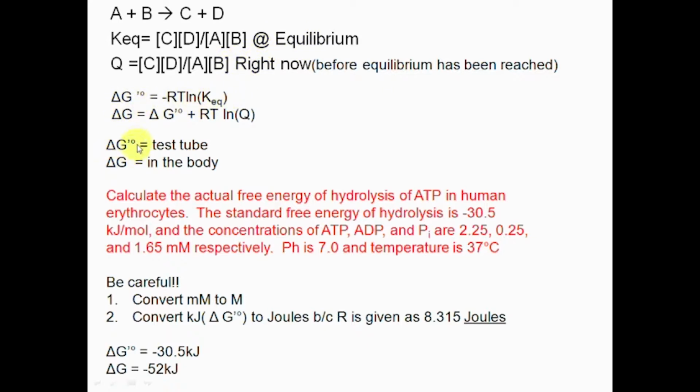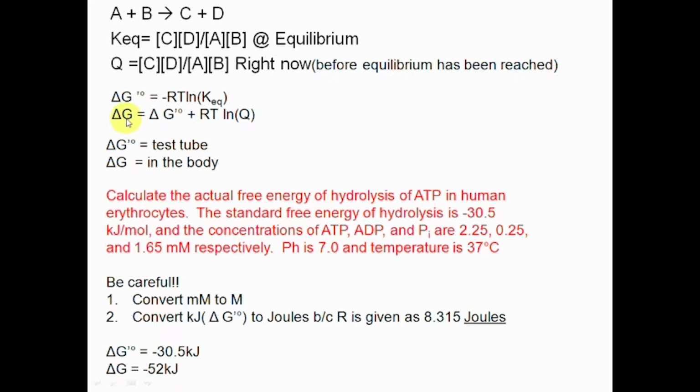Delta G prime naught is the free energy of a reaction in a test tube. So you do ATP hydrolysis in a test tube, and you get a certain delta G, and that would be a delta G prime naught. But the delta G without the prime naught is the free energy you get in the body.